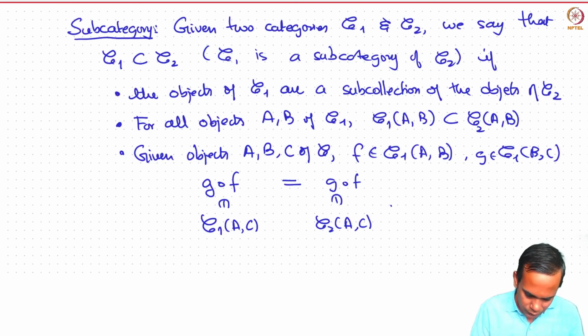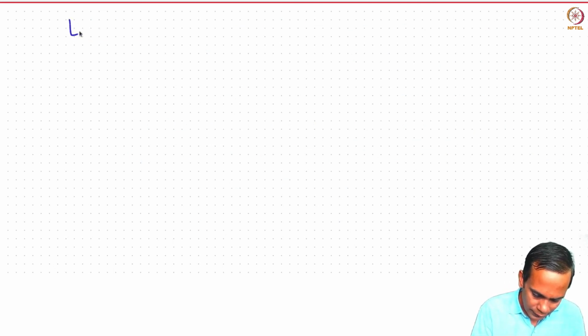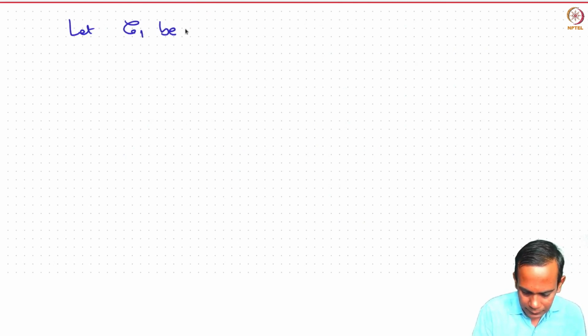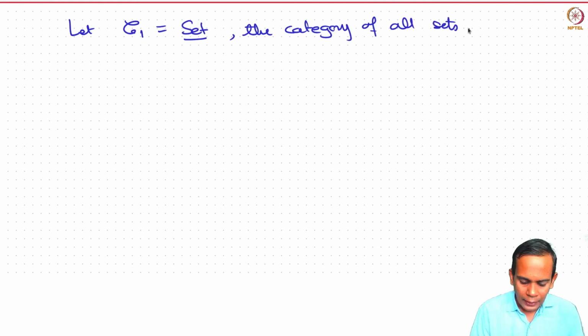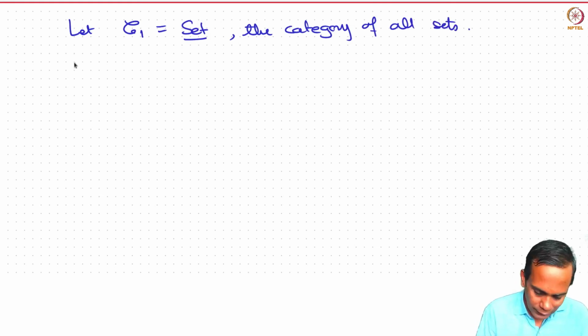So the first one: let C1 be the category of all sets, and I'll define a subcategory of it.